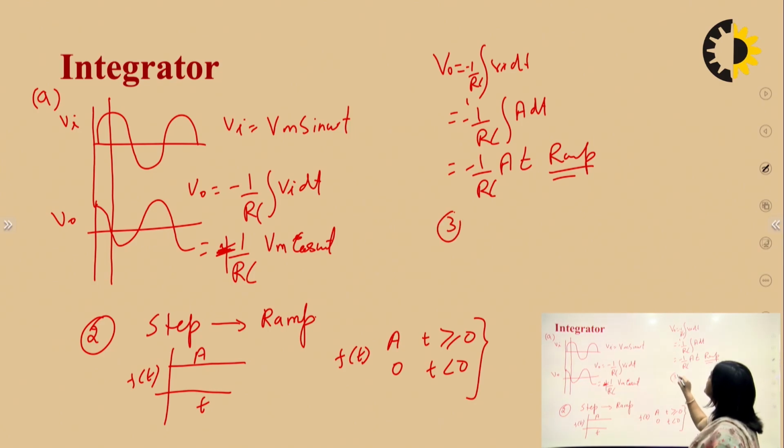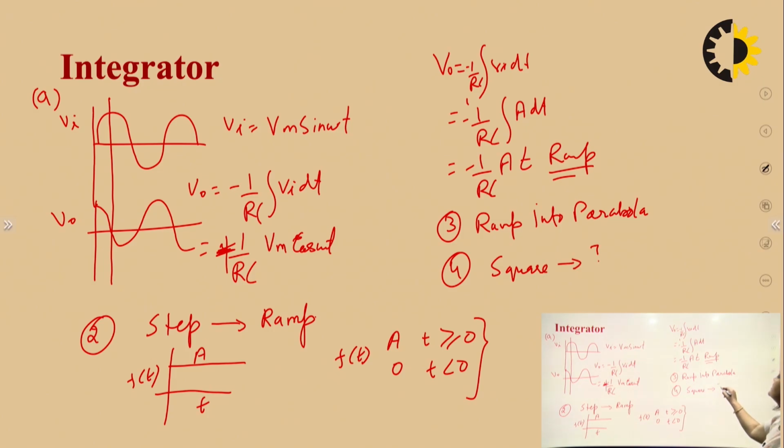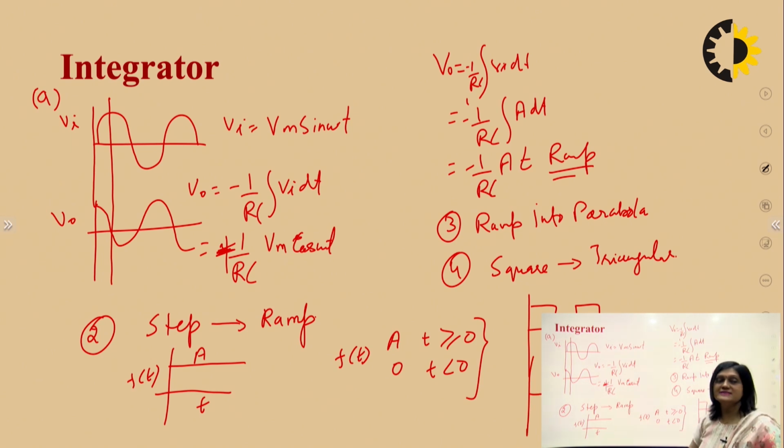Similarly, a ramp signal will be converted into a parabola. And a square waveform will be converted into a triangular waveform, because a square waveform is made with the help of the step signal, and the step provides the ramp.